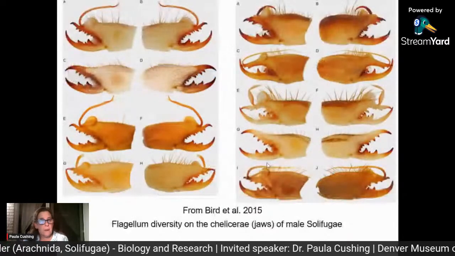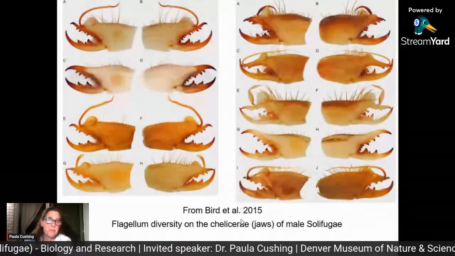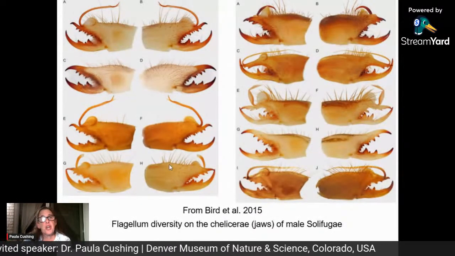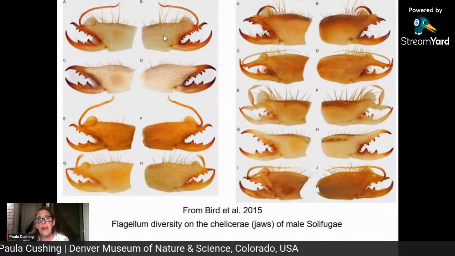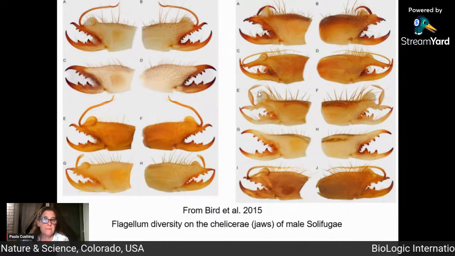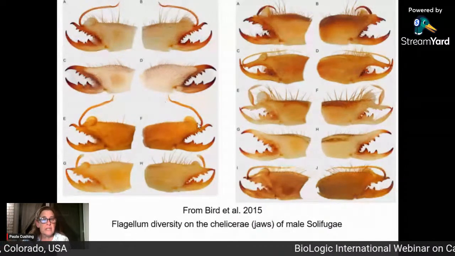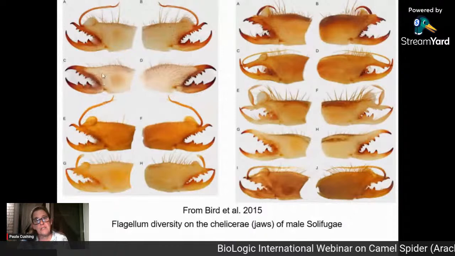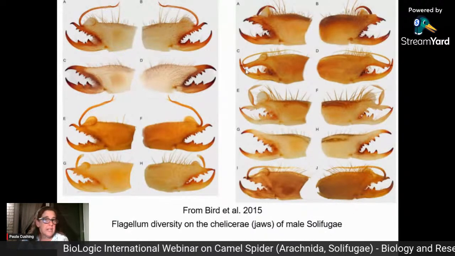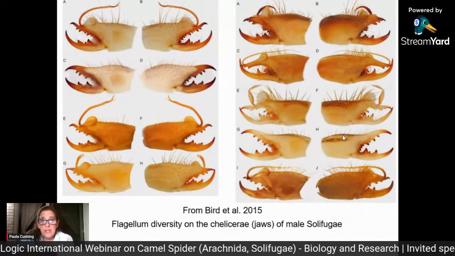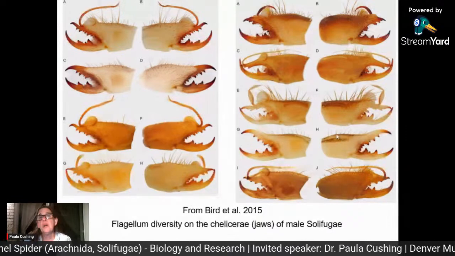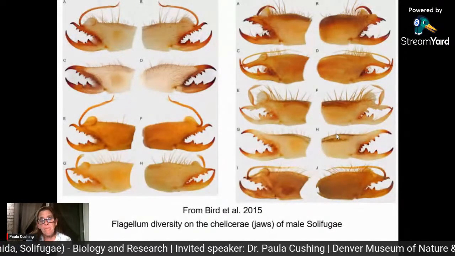This is a plate from a publication by one of my former graduate students, Tarina Bird, showing really strange looking, differently shaped flagella on the male chelicerae of different species of Solifugids. We don't know the function of these flagella, but only the males have them, and they must have something to do with copulation.